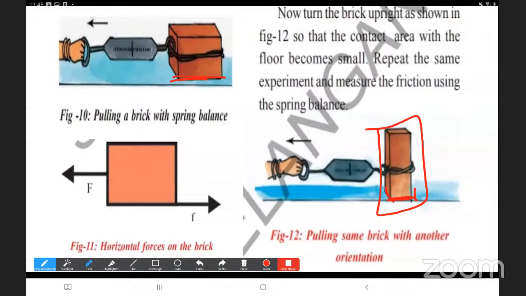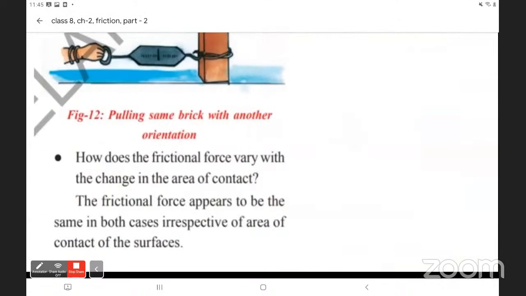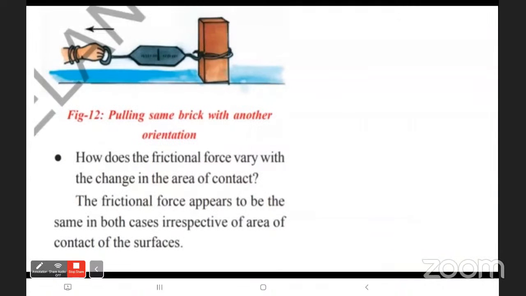Now we repeat the same experiment and measure the friction using the spring balance. How does the frictional force vary with the change in the area of contact?